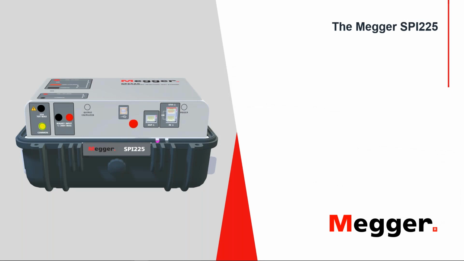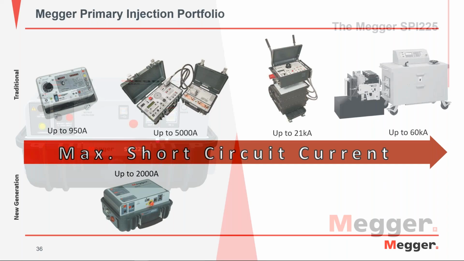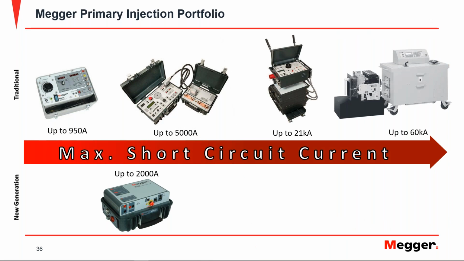the SPY 225, obviously a primary injection test unit. And if you know the Megger portfolio, it is not the only unit that we have for primary injection measurements. I'm showing here only the representatives of each family.